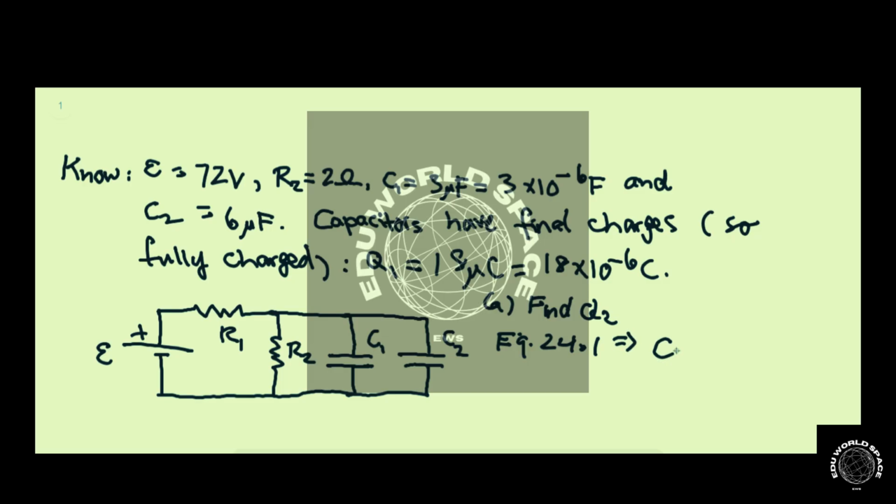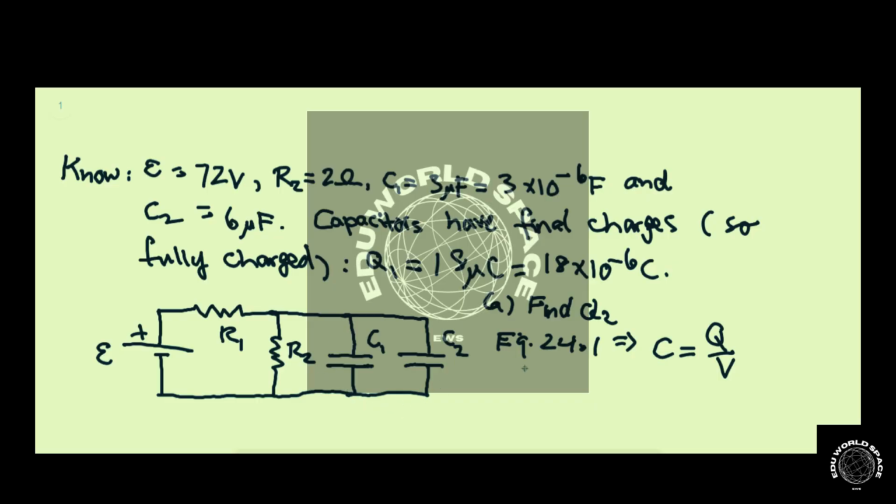So I will be utilizing equation 24.1. This is actually from the previous chapter, where you're given that the capacitance is equal to the charge over the potential difference. And in this particular case, these two capacitors are in parallel with each other.